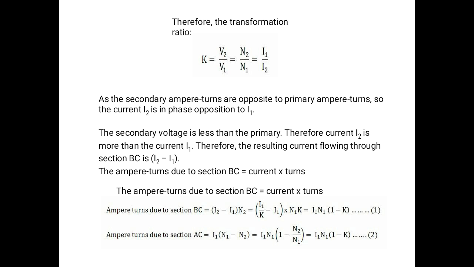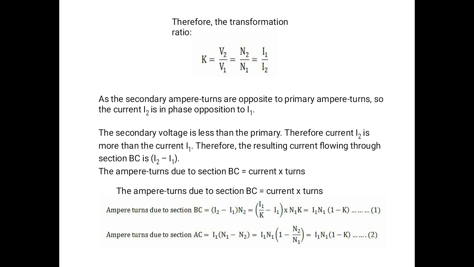Therefore, the resulting current flowing through section BC is I2 minus I1. The ampere turns due to section BC is equal to current times turns.